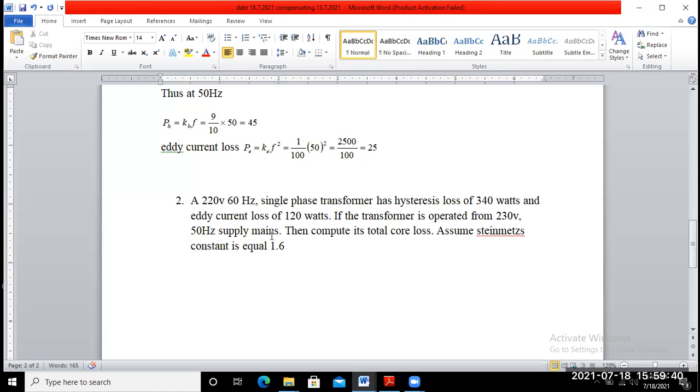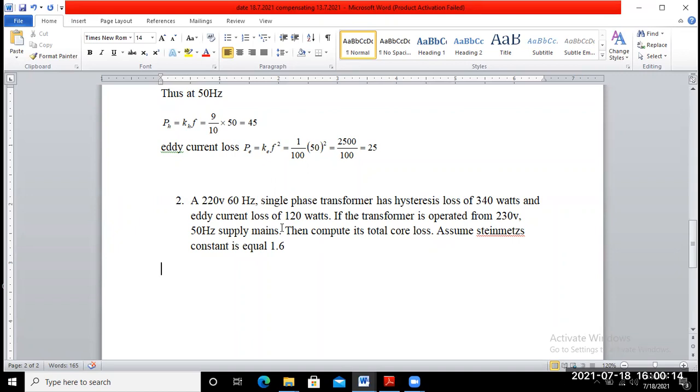Suppose you note down the parameters given: at this voltage and frequency, the hysteresis loss and eddy current loss are given. For the two different frequencies, you may use subscripts 1 and 2, one for 60 hertz and 2 for 50 hertz. So at the two voltages and two frequencies, you substitute 1 and 2.